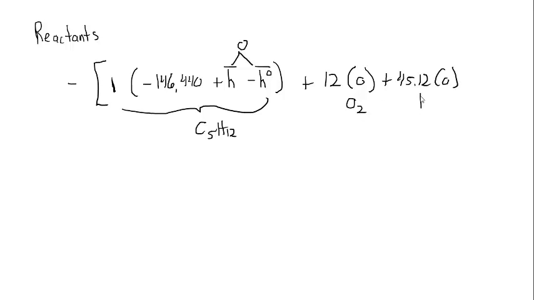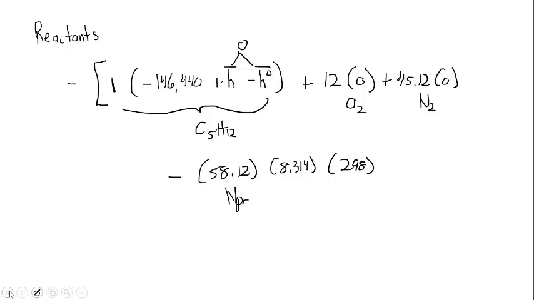So that's O2, and that's nitrogen, minus nRT. The total number of moles, if you add it together, is about 58 times the universal gas constant times the temperature in Kelvin of the reactants.